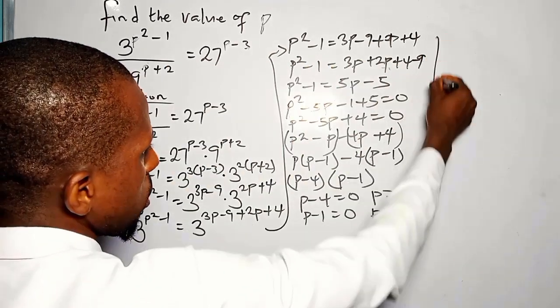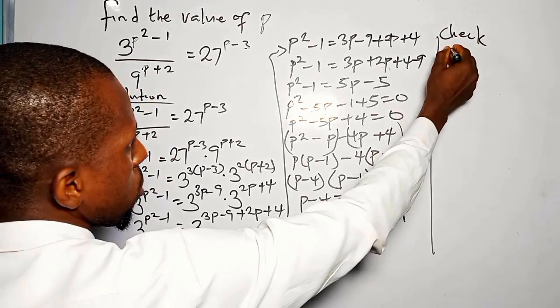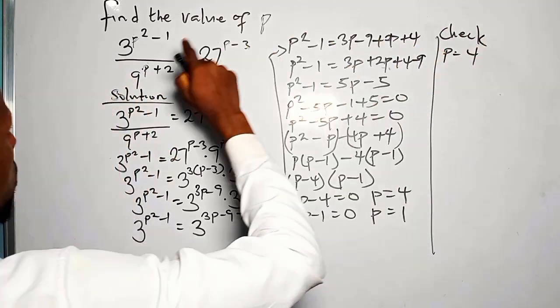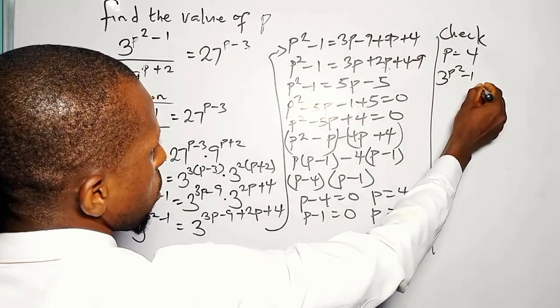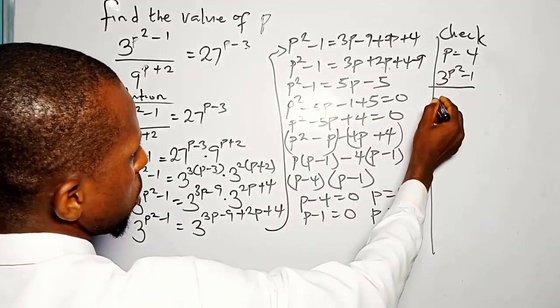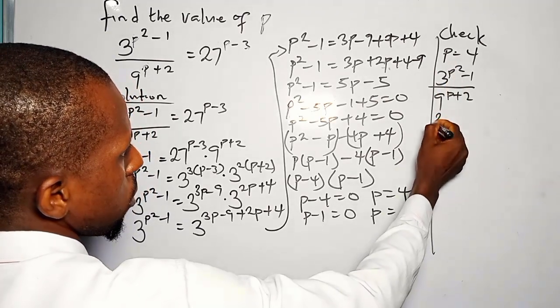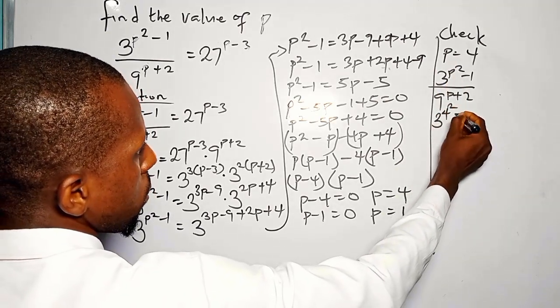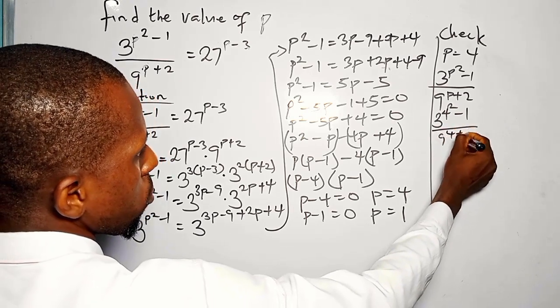Let's check. When p is 4, taking it from here, we have 3 raised to power p squared minus 1 divided by 9 to the power p plus 2. So we have 3 raised to power 4 squared minus 1 divided by 9 to the power 4 plus 2.